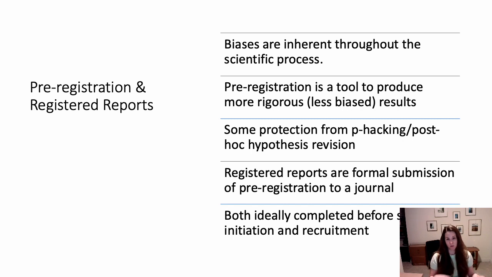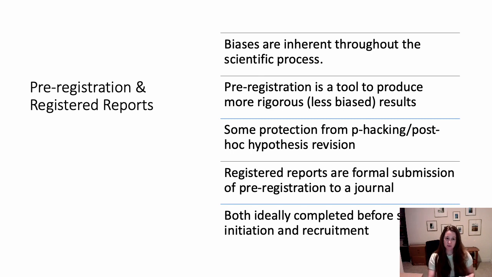Maybe you have a few more things in the introduction to set up the paper, but it is essentially the introduction, the method section, and maybe an analytic plan for a paper that you would want to write once the study is complete.